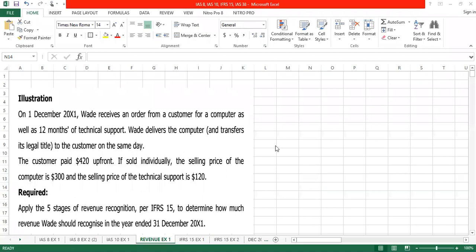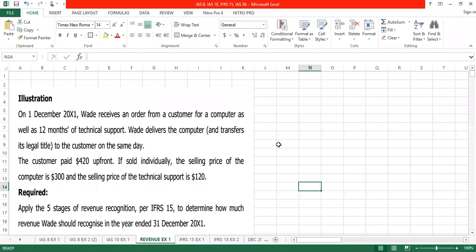Okay, so let's read this question. On 1st December 20X1, Wade receives an order from a customer for a computer as well as 12 months of technical support.